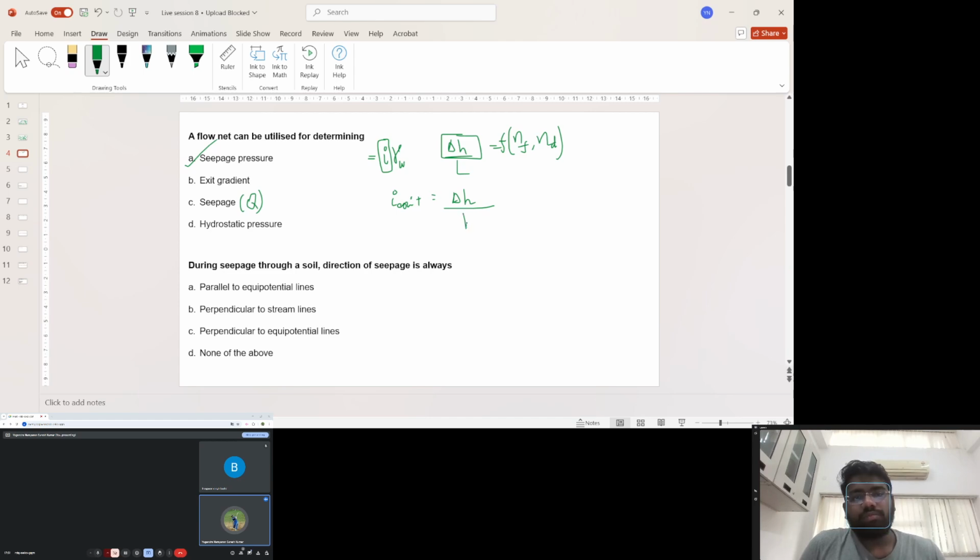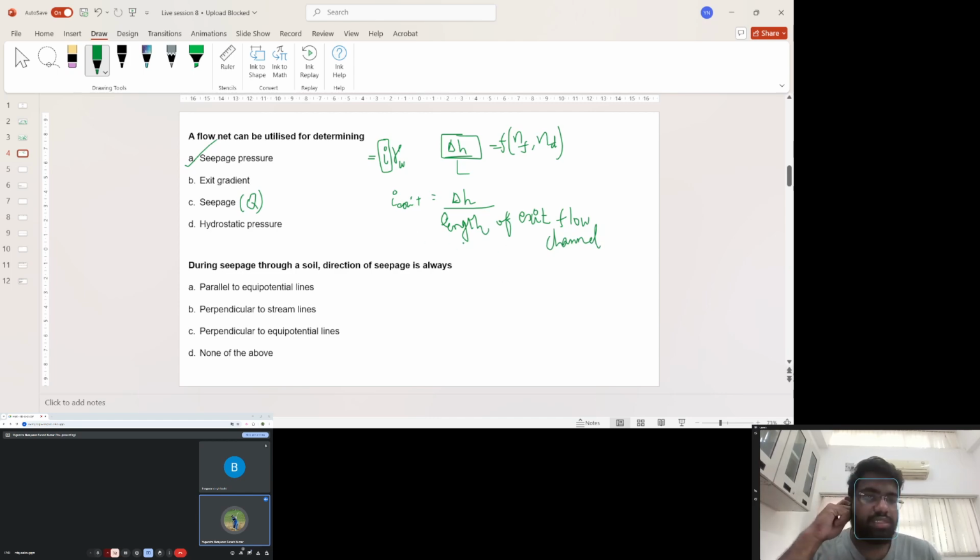So that will be the length of the exit flow channel.